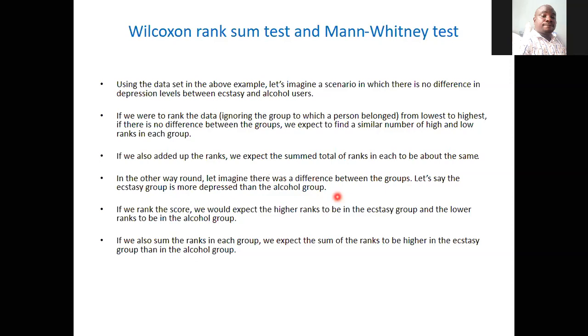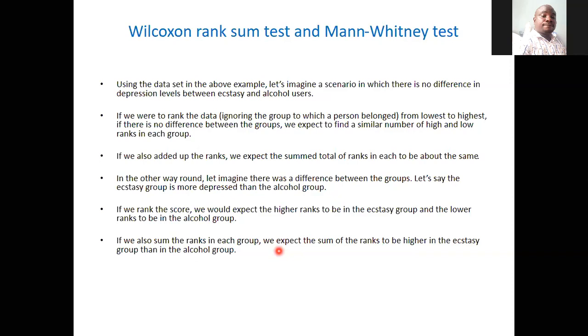Let's say the drug users are more depressed than the alcohol group. If you rank the scores, we will expect the higher ranks to be concentrated in the drug users, and the lower ranks to be concentrated in the alcohol group.